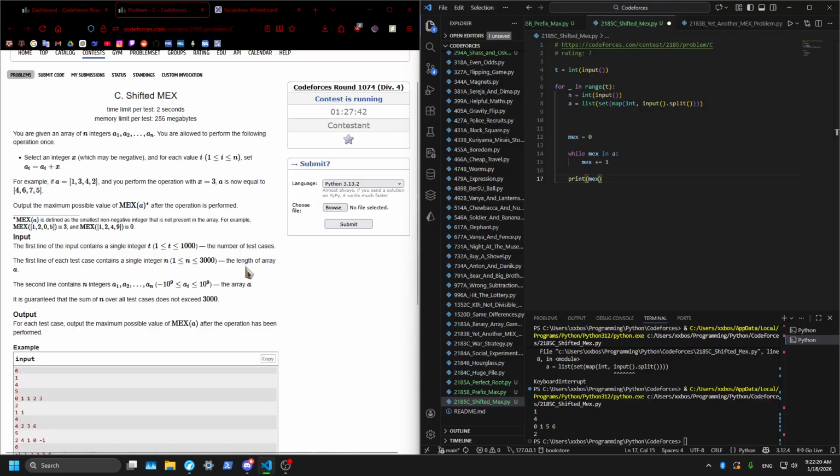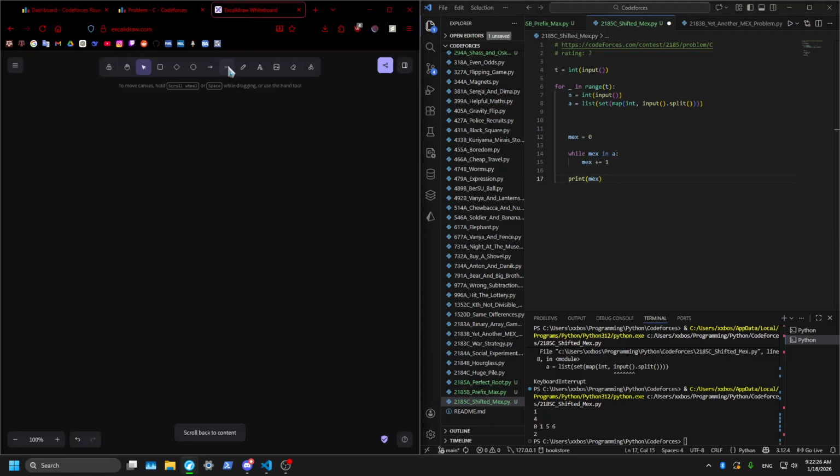Okay, so one thing that is obvious is, no matter how you shift the array, like let's say I have 2, 3, 5, 6, no matter how you shift it, it will not solve gaps, right? So what does that mean?